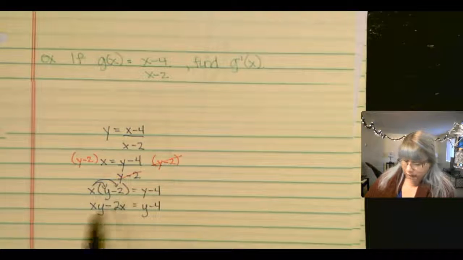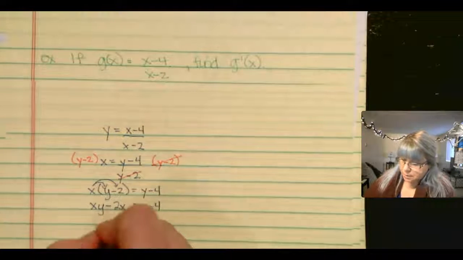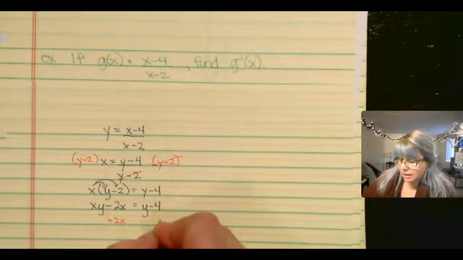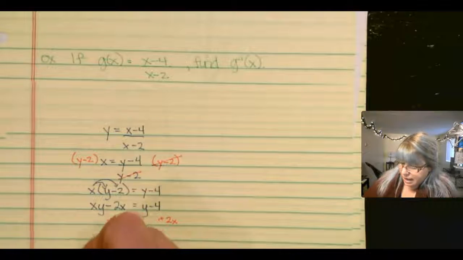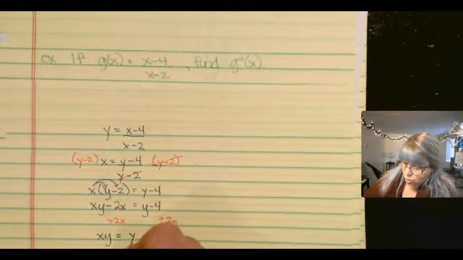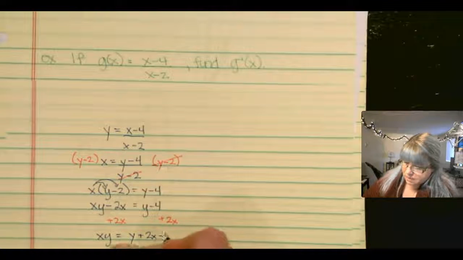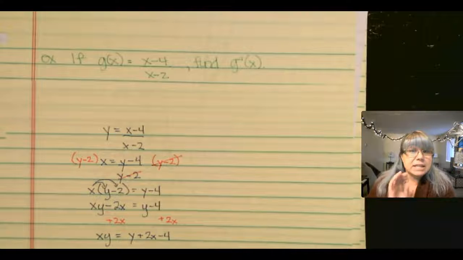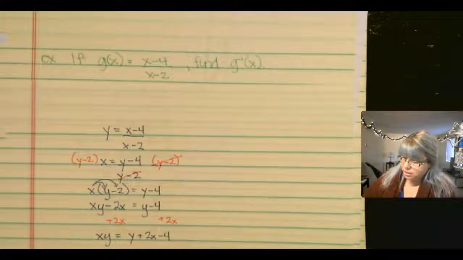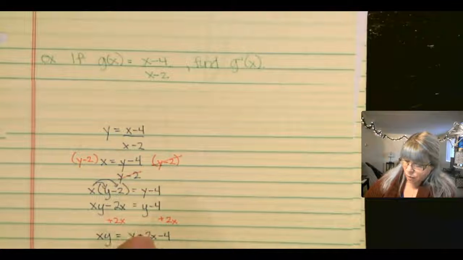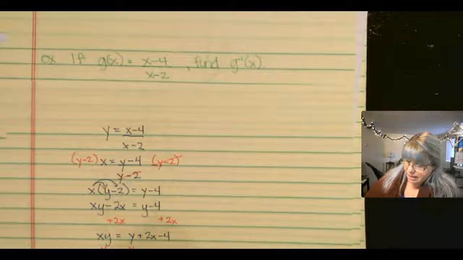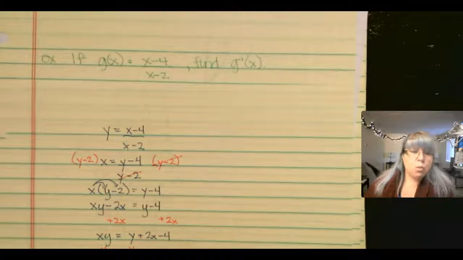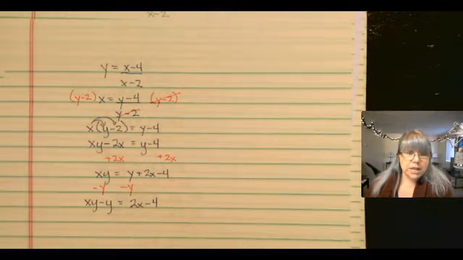Now I can get rid of this 2x by adding 2x. That doesn't have a y in it, so I'm going to move that to the right-hand side. So I have xy equals y plus 2x minus 4. Again, my goal is to get y's all onto one side. So I'm going to subtract a y on the right, and subtract it on the left. I'm left with xy minus y equals 2x minus 4. Right there, we're almost there.